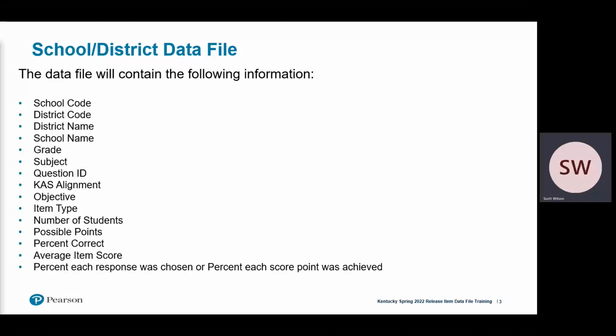On the school and district data file, you will see the following information. We'll have the school code, district name, school name, the grade, the subject, the question ID, the KAS alignment, the objective, the item type, the number of students who took the item, the possible points, the percent correct, the average item score, and the percent each response was chosen, or the percent each score point was achieved.